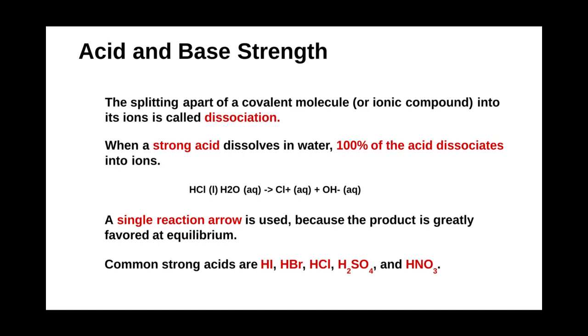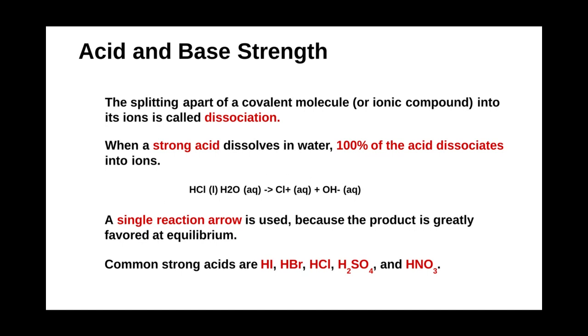Because the acid is so much stronger than the base, it really favors the product at equilibrium. So if you have a very strong acid, it pushes the reaction towards the products. A single arrow is used because it is technically reversible, but it's heavily favored towards the products over the reactants just because of how strong hydrochloric acid is.